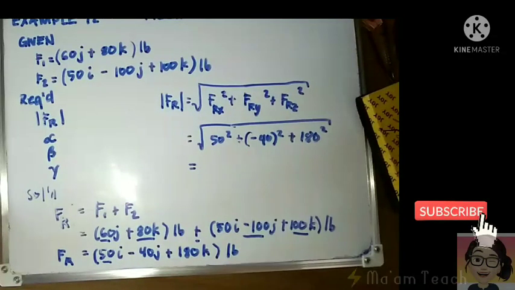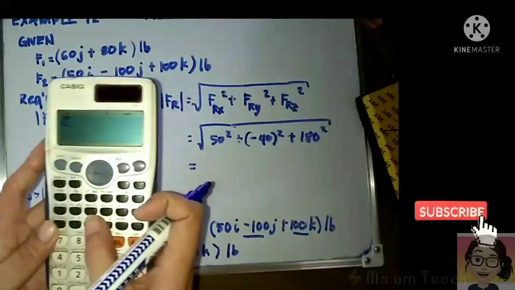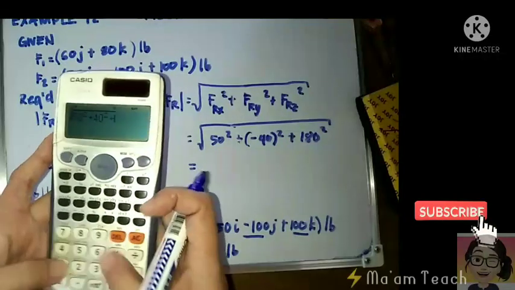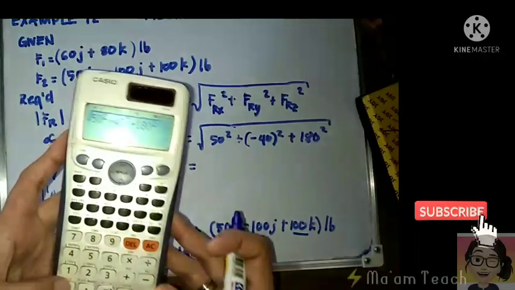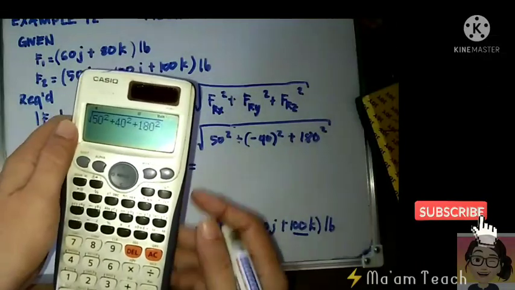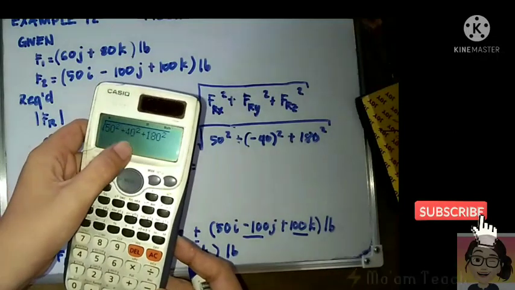I didn't put the negative because it will just be the same, since we are going to square it.